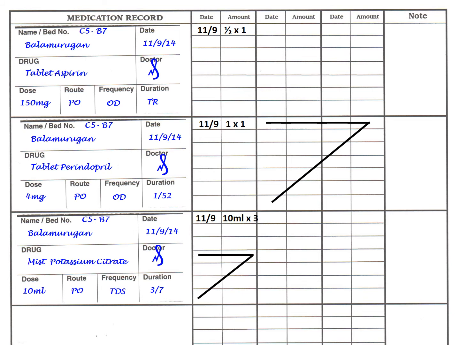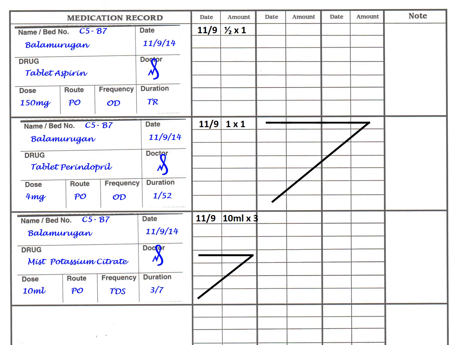Is it clear? Okay, the third example here is mixture of potassium citrate. The reason I give this example is for you to see if an oral solution is given to the patient. I'm sure now you know that in unit dose we will pack them in a container or in a small bottle as 10 ml. So here the strength of the mixture potassium is 10 ml and it is given 3 times daily only for 3 days.